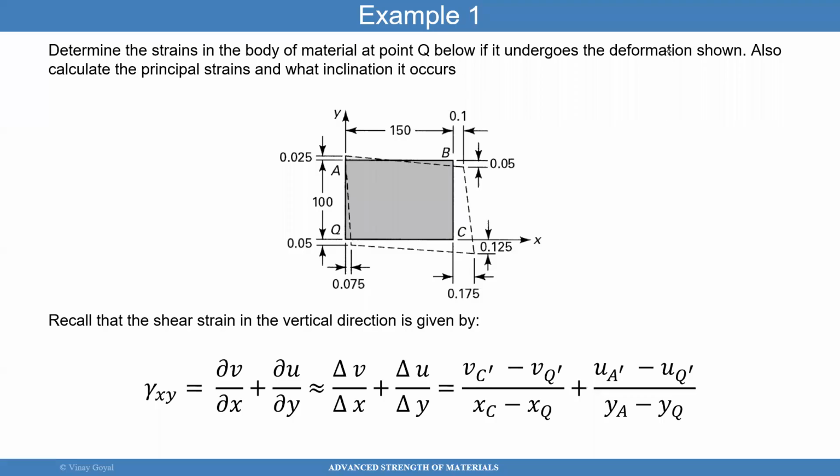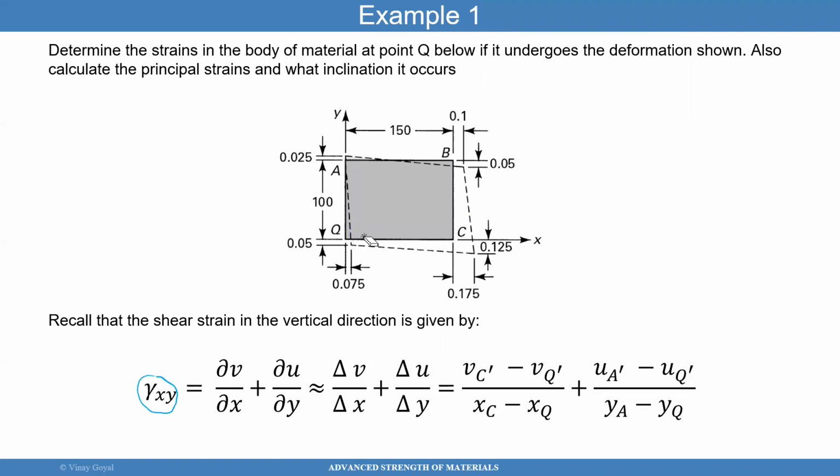Let's look at shear strain here. Shear strain is the partial v with respect to x plus the partial u with respect to y. Physically, what it means is it started at 90 degrees, but it changed angles to this amount. So gamma xy represents the angle change.